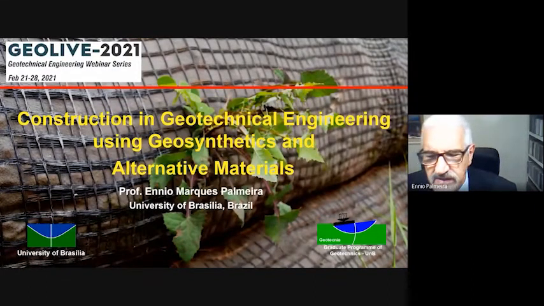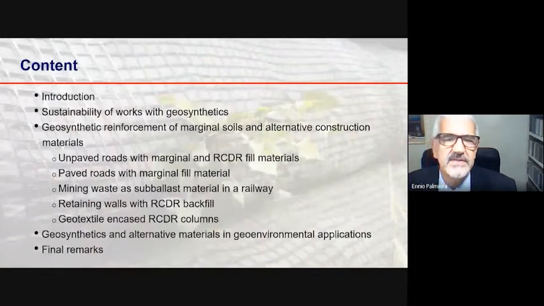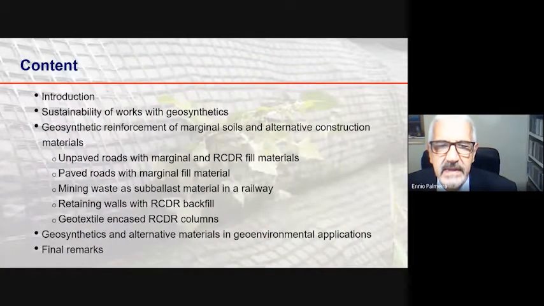Let's see the contents of the presentation. The content will start with a brief introduction and some examples of sustainability of works with geosynthetics, geosynthetic reinforcement of marginal soils, and alternative construction materials, some examples in unpaved road constructed with marginal soil and recycled construction demolition residues as fill materials, an example of paved roads with marginal fill material, and the example of minor waste being used as a sub-ballast material in a railway, retaining walls constructed with recycled construction demolition residues as backfill, and an example of the application of RCDR in geotextile encased granular columns.